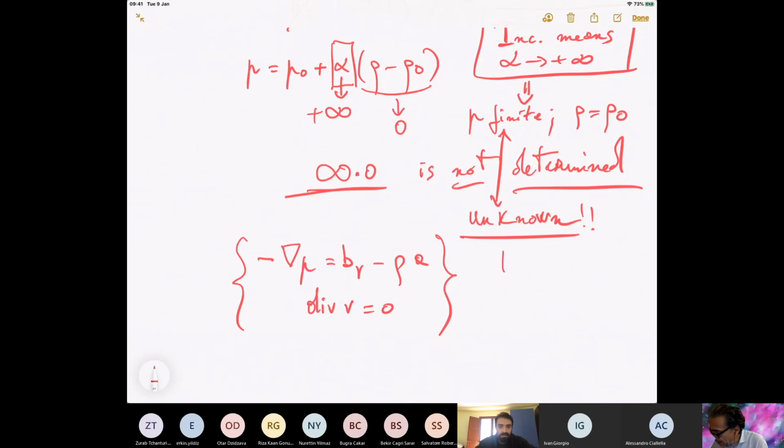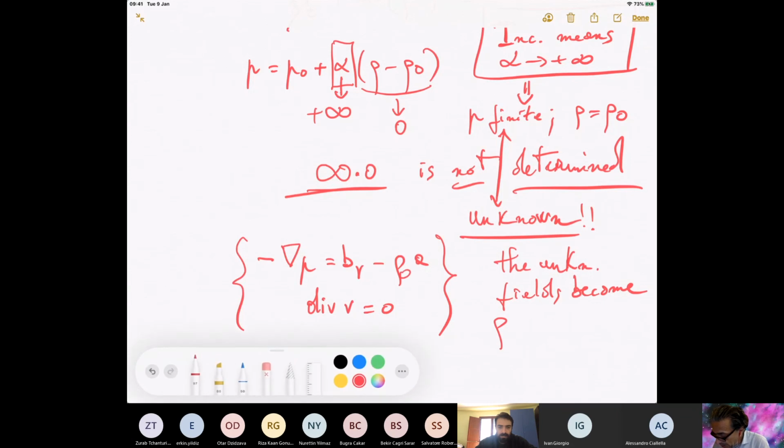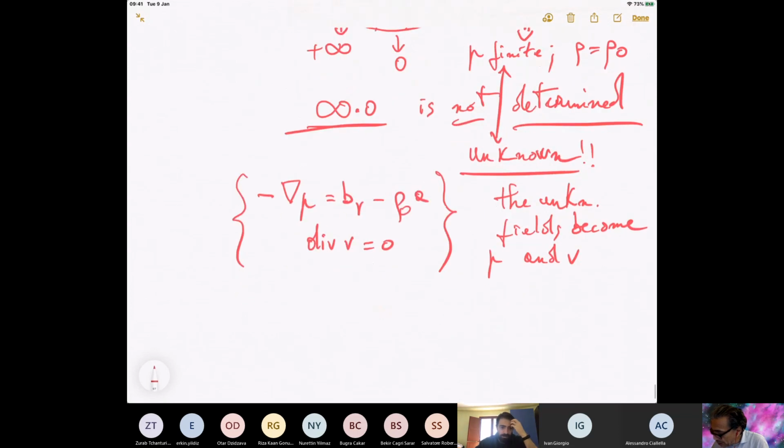So the unknown fields become P and V, with rho equal to a constant rho 0. And this equation has been written by Lagrange.